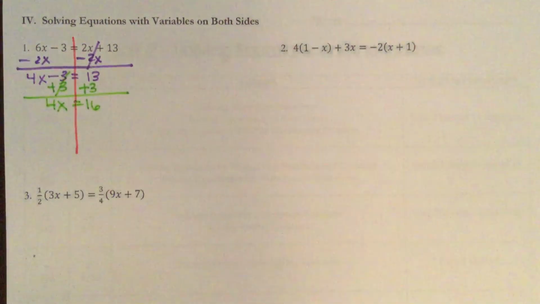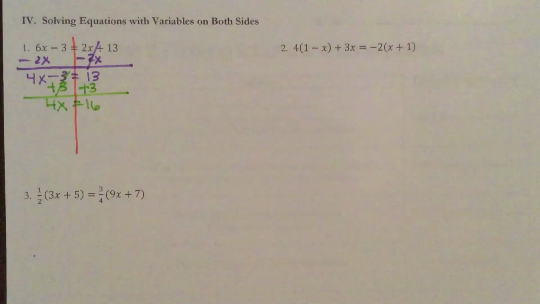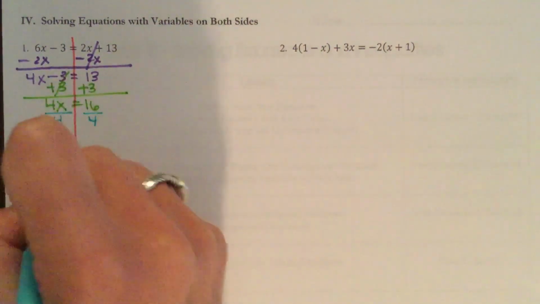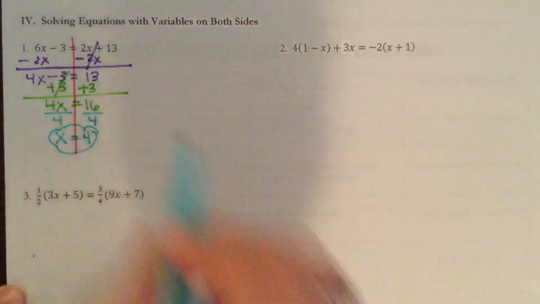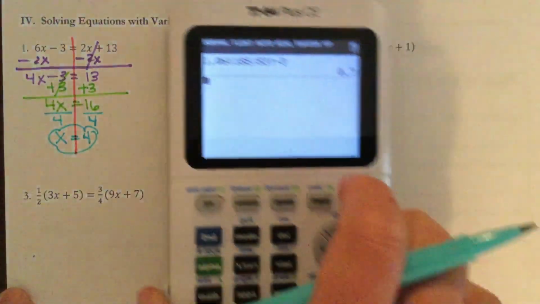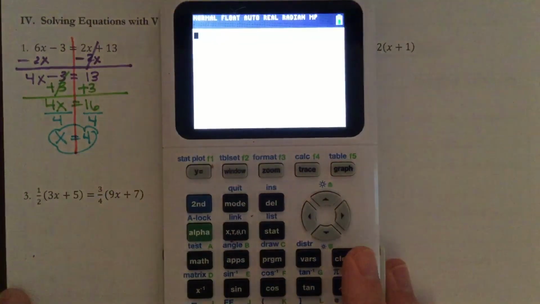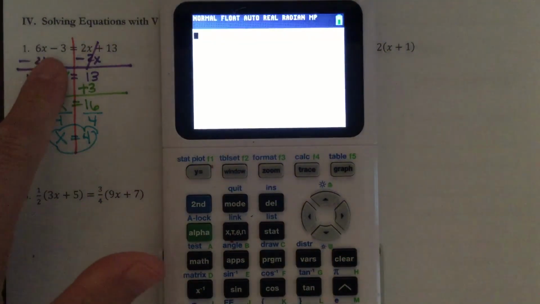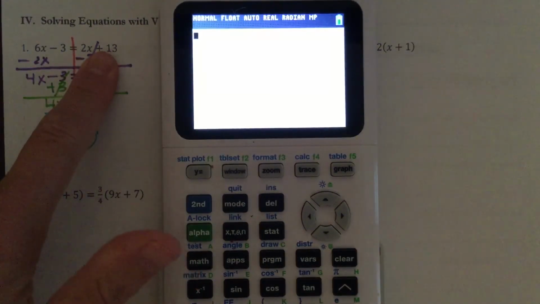And now we're ready to solve by multiplying or dividing. So we are going to come through and divide both sides by 4, and we find that x is equal to 4. Of course, our last step is to check. The check here works slightly different. We need to check and make sure this left-hand side is equal to this right-hand side.